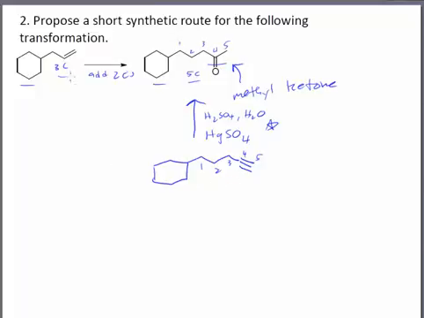So now the question is, how do I get from this alkene to this alkyne while adding 2 carbons? We know how to add carbons, right? We use an alkyne that we deprotonate, and then we alkylate.